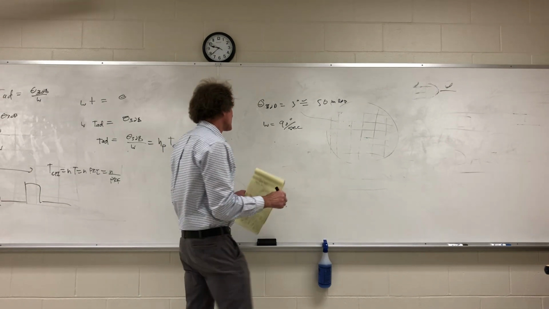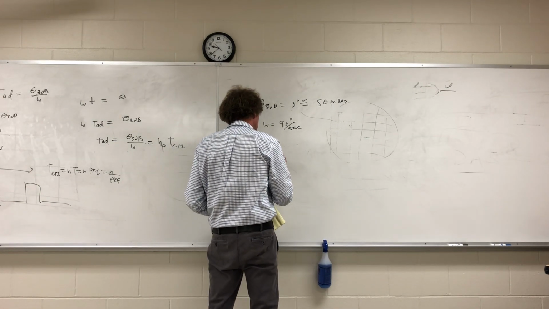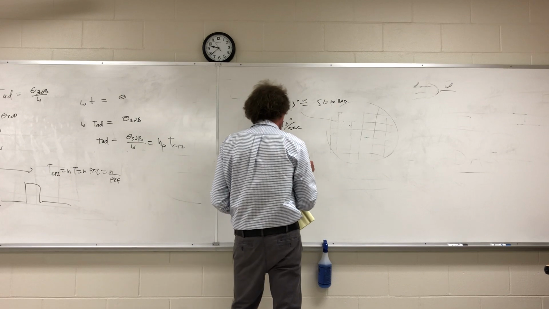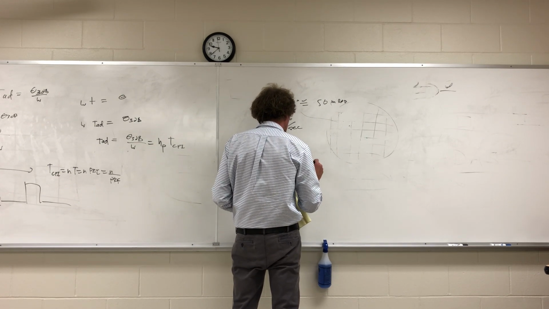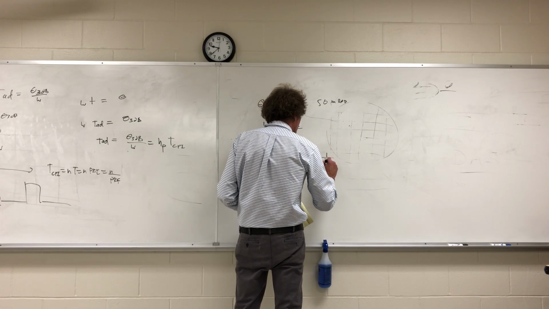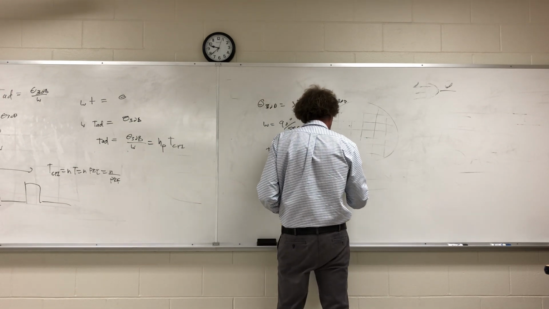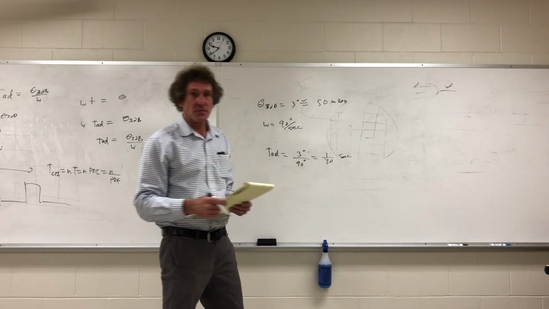Then, if we want to take a look at the antenna dwell time for this one, it would be 3 degrees divided by 90 degrees per second, or 1 over 30 seconds. And that would be the antenna dwell time.